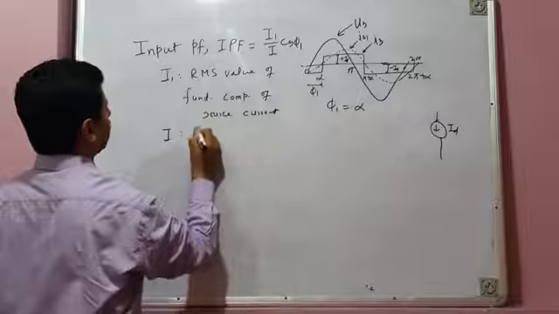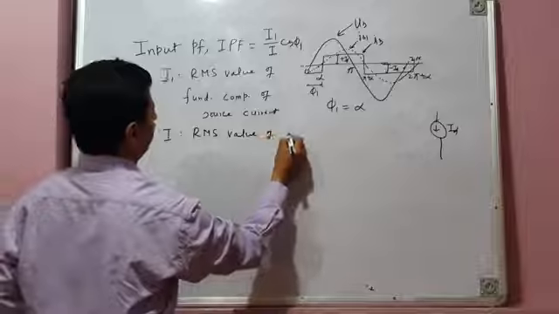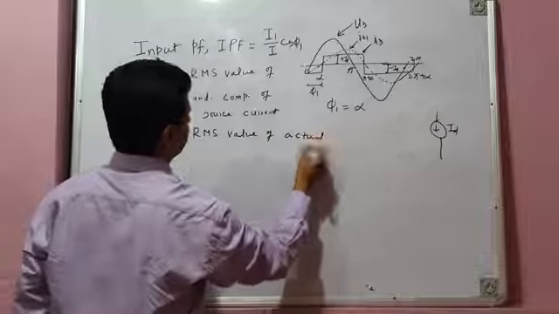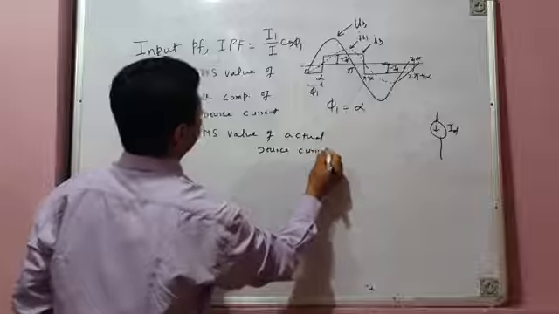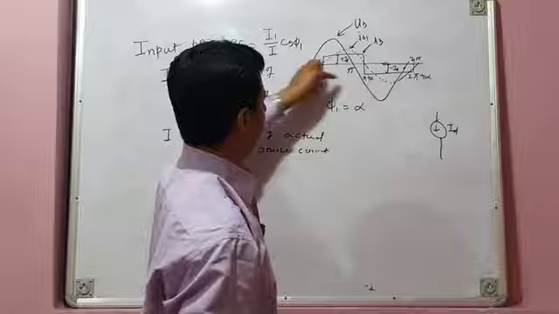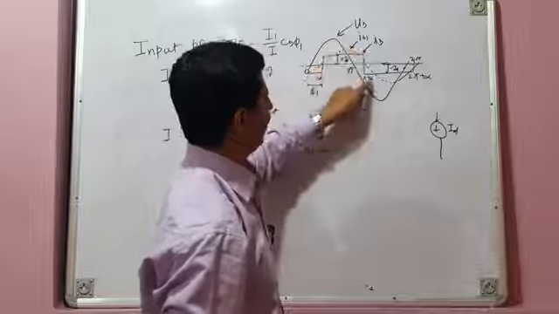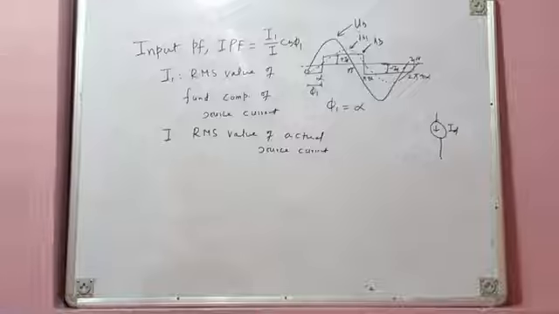I is the RMS value of the actual source current. Now your actual source current is equal to ID. From alpha to pi plus alpha, it is plus ID. From pi plus alpha to 2 pi plus alpha, it is minus ID. So this is your actual source current.